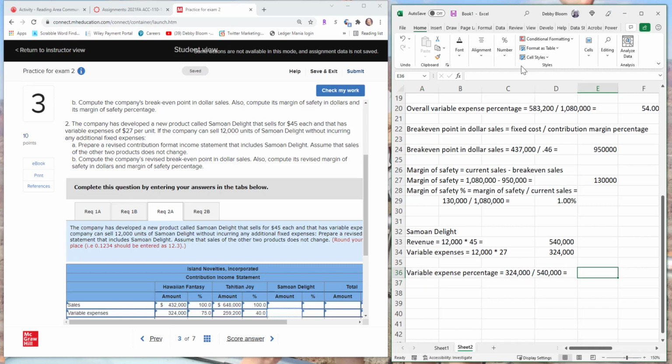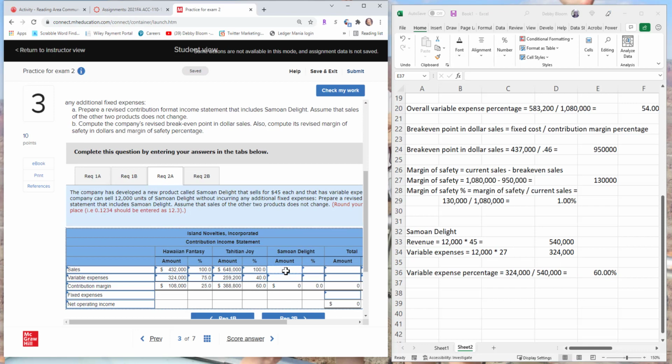So doing the calculation and preemptively putting it in percentage format, I take 324,000 divided by 540,000, and I get exactly 60%. So in here I'm going to put in the 540,000, in here I'm going to put in the 324,000, and 100%, and 60%.